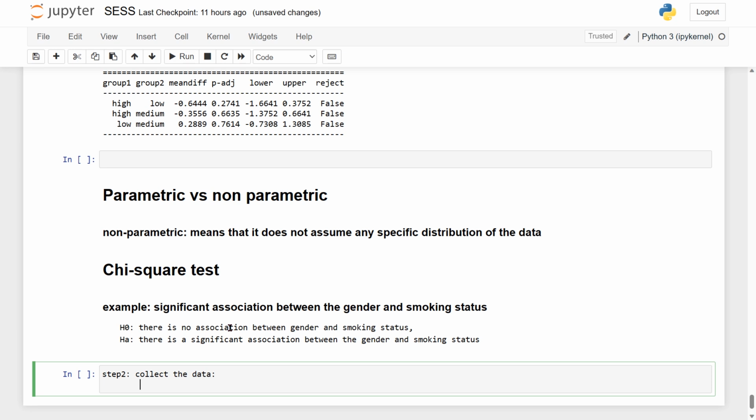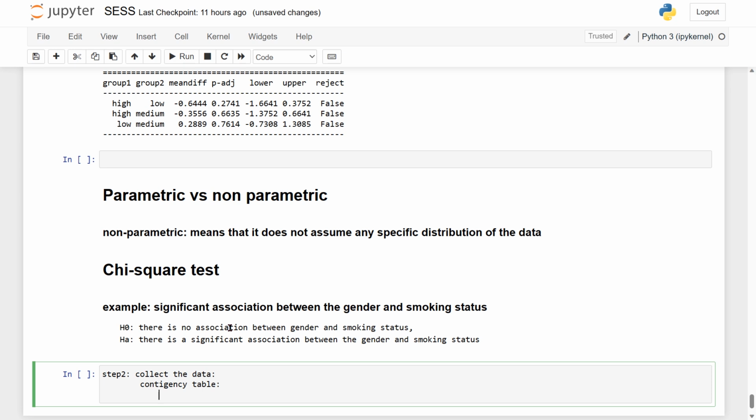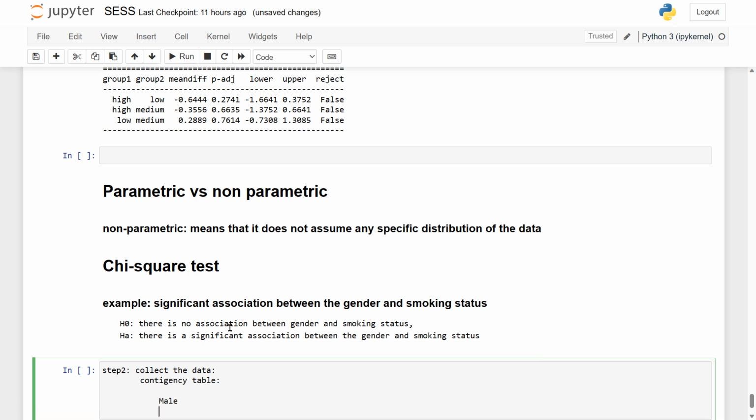The data should be collected in the form of a contingency table. Our contingency table will consist of the rows representing the gender and the columns representing the smoking status. So I'll have male and then female here.